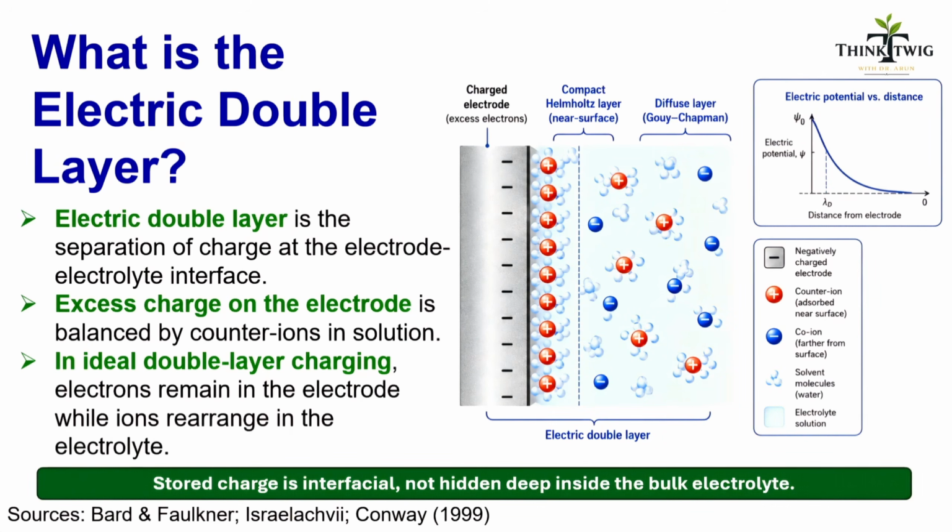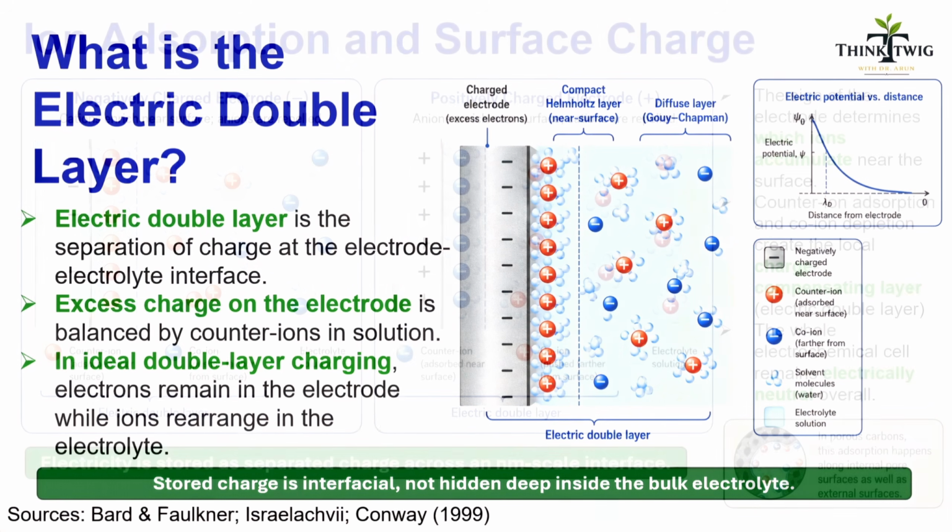You may imagine two groups standing on opposite sides of a thin glass wall. They can come very close, but the wall keeps them separated. This is only a simple analogy, but it captures the central idea. The energy is stored because opposite charges are separated across an extremely small distance.